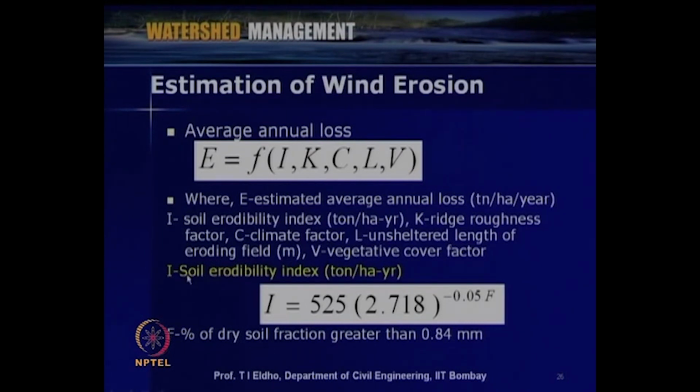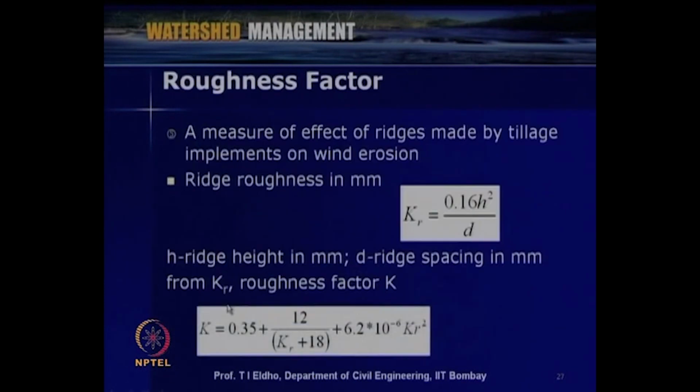For example, for I, the soil erodibility index, I is equal to 525 times 2.718 to the power minus 0.05 F, where F is the percentage of dry soil fraction greater than 0.84 mm. Like that, various relationships are available in literature.